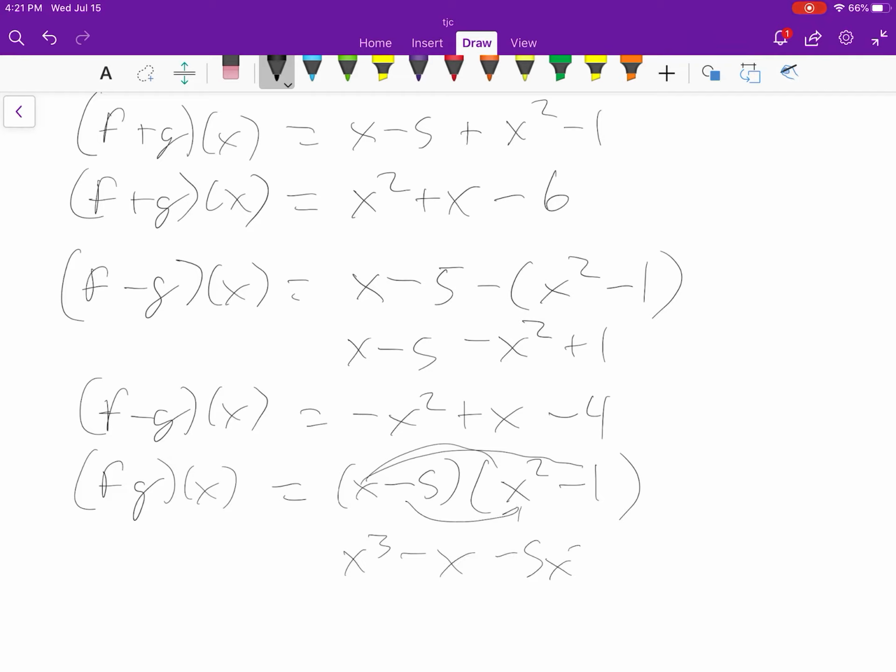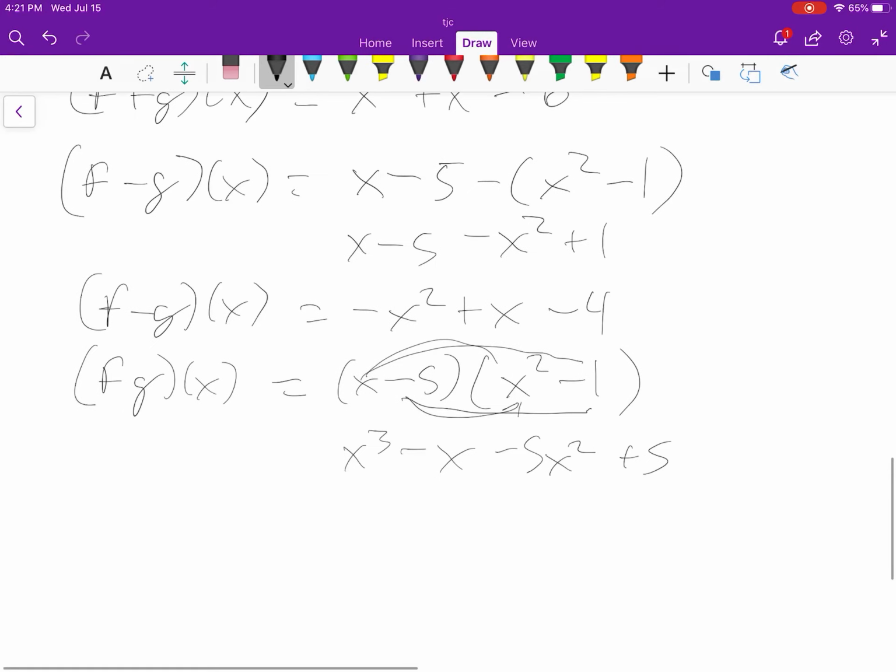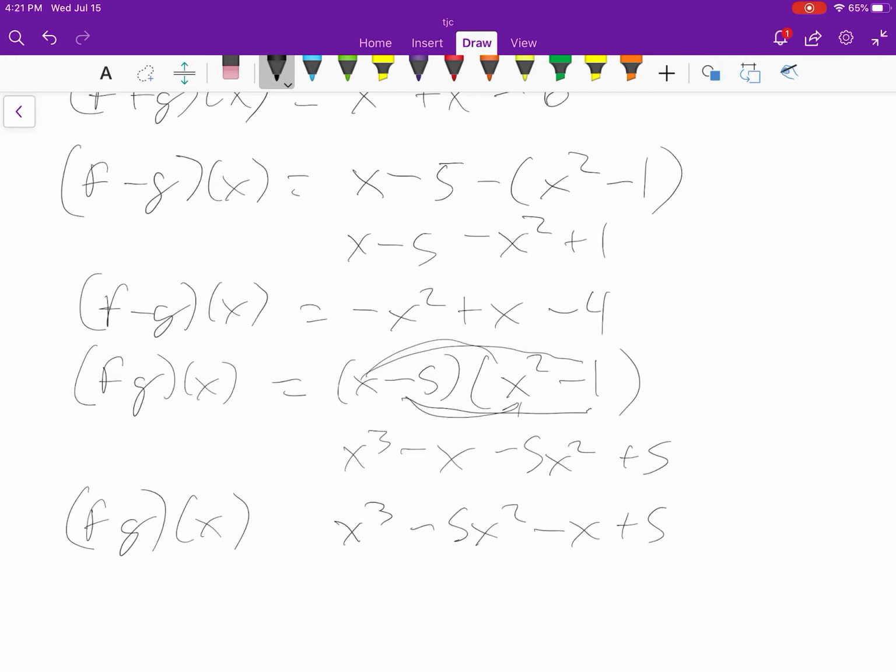X times negative 1 is negative x. Negative 5 times x squared is negative 5x squared. Negative 5 times negative 1 is positive 5. And I might as well write it in descending order. X cubed minus 5x squared minus x plus 5. And this is your f times g of x equals that. So we just multiplied them.